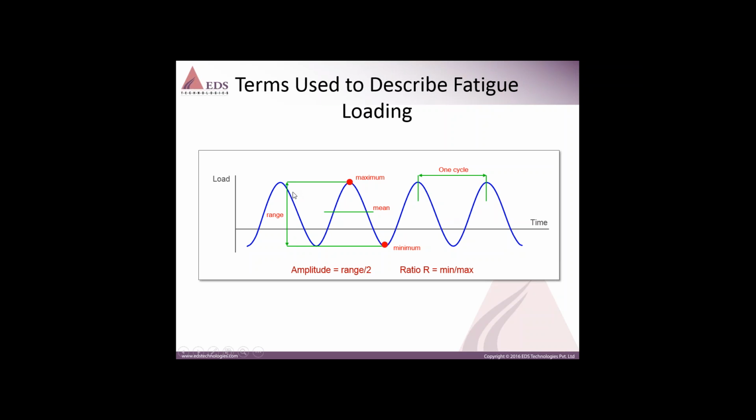That is, this is your stress or load range. Range divided by 2 becomes your amplitude. Similarly, minimum load divided by maximum load becomes your stress ratio or load ratio, R.